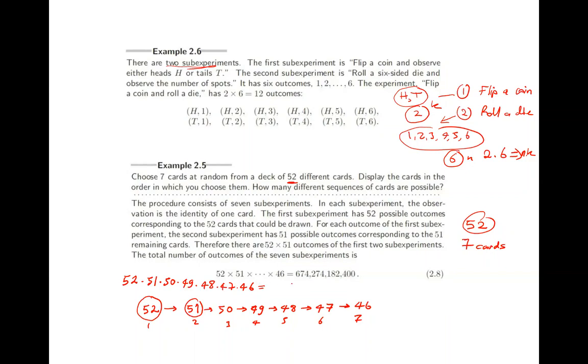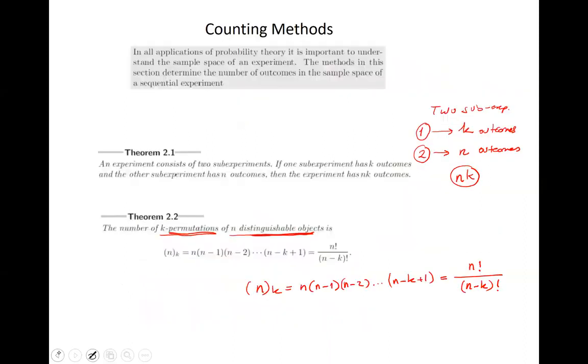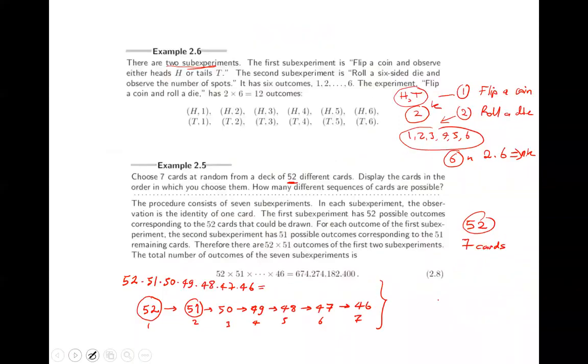So we can simply use the formula from the previous slide. Remember that it was the k permutations of n distinguishable objects. So n factorial over n minus k factorial, okay?